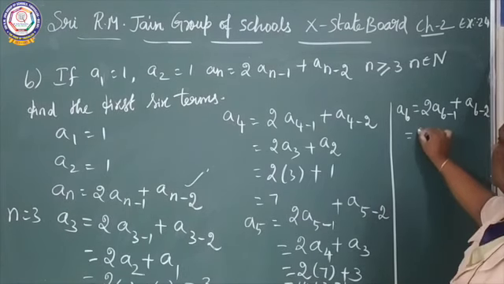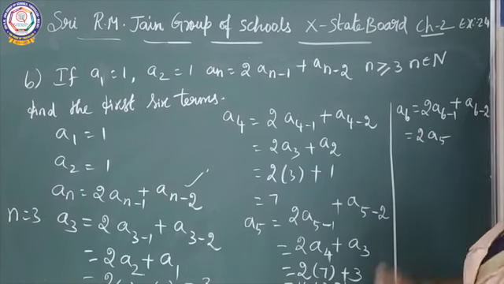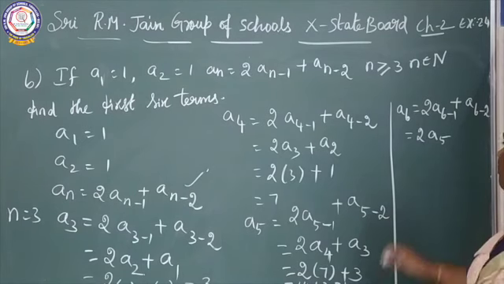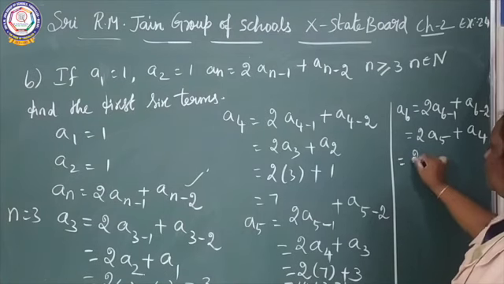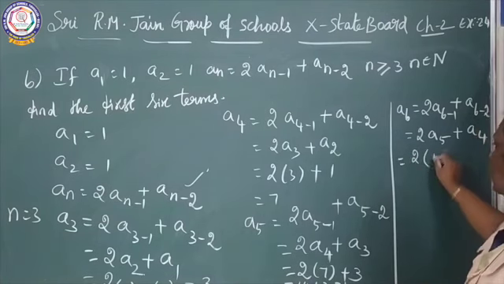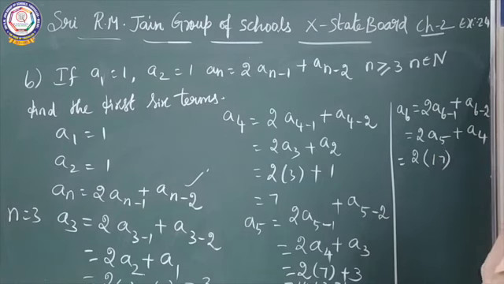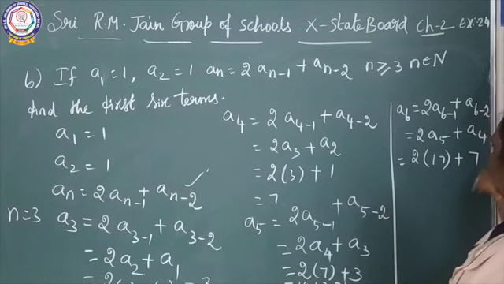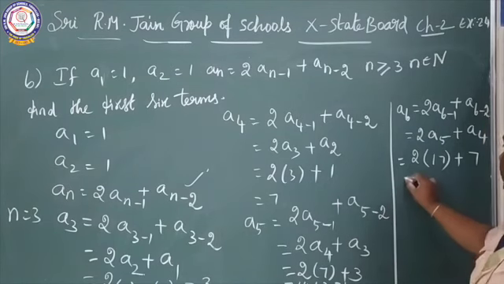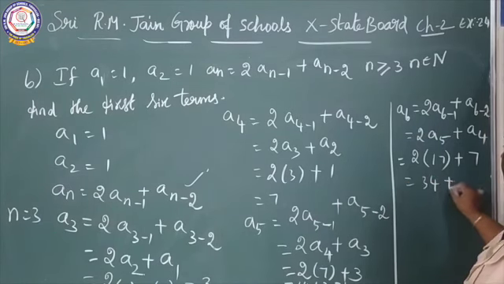It gives 2A5 plus A4. It gives 2 into the A5 value, 17, plus the A4 value, 7. 17 twos are 34 plus 7. 34 plus 7 is 41.